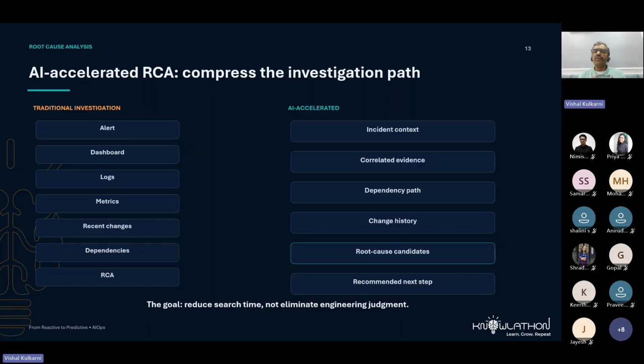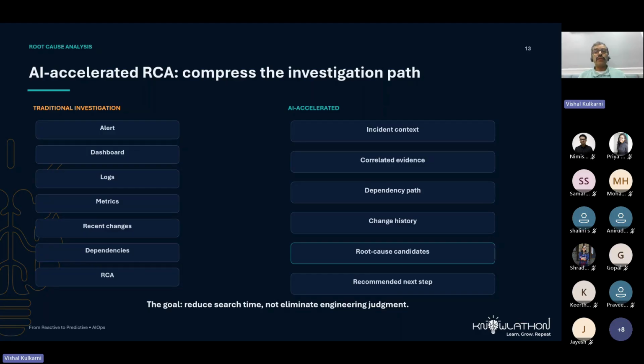AI accelerated RCA is where we compress the investigation path. The traditional investigation, as we have seen, is typically alerts, dashboards, logs, metrics, recent changes, dependencies, and towards the end, management wants to understand the root cause analysis.